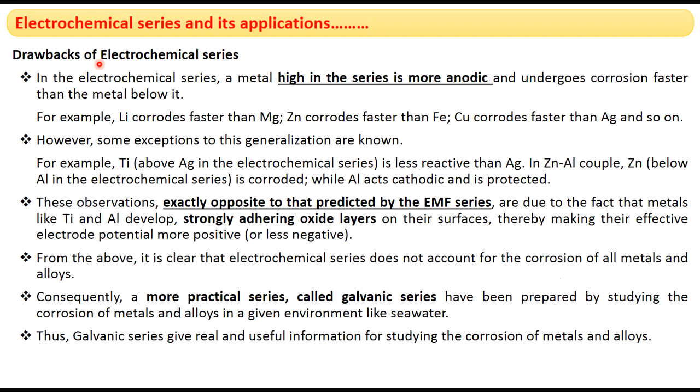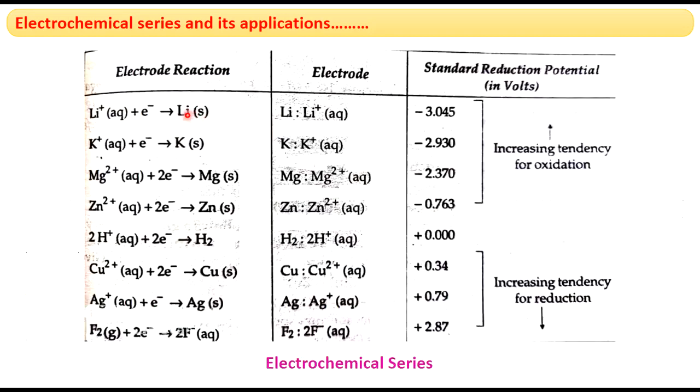Drawbacks of electrochemical series. In the electrochemical series, a metal which is high in the series is more anodic than the metal which is below it. For example, lithium corrodes faster than magnesium. Lithium is at the top, then we have magnesium at the bottom.